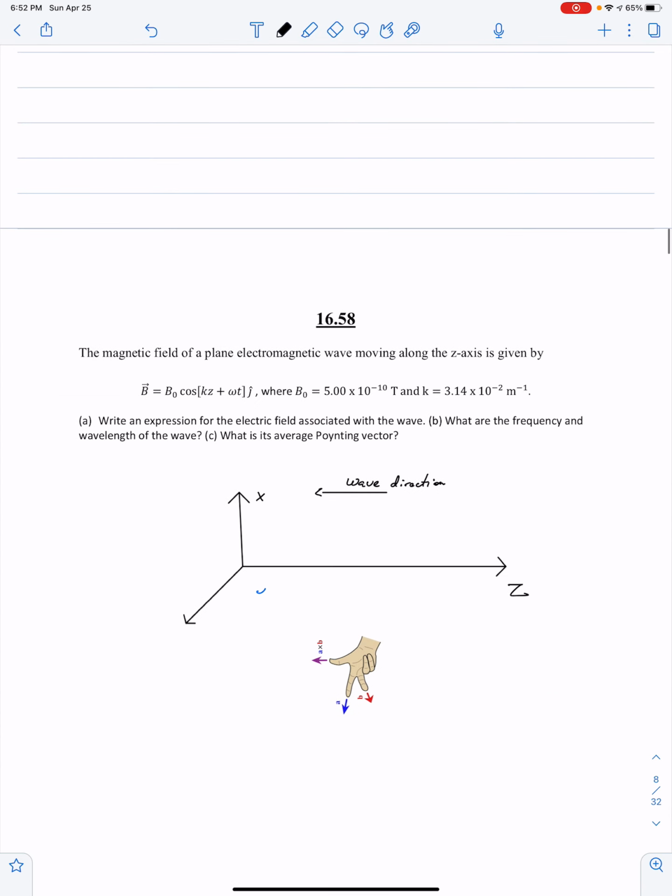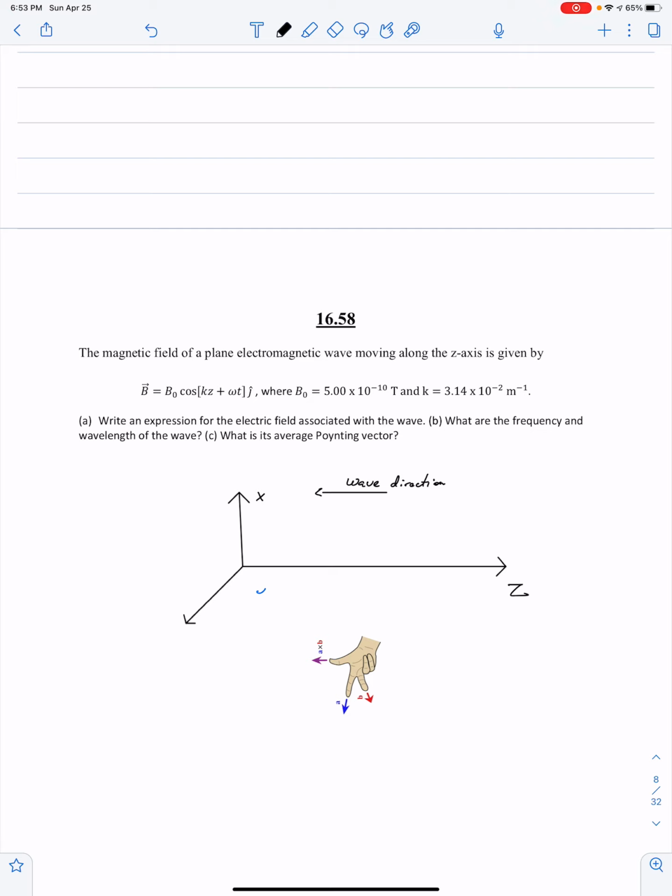Okay, so let's go to this one, and I'm not going to do the whole problem. I'm just going to do a section of it, because I know you're already like, all right, I get it. But let's do this one partially. And I want us to practice the direction of it.